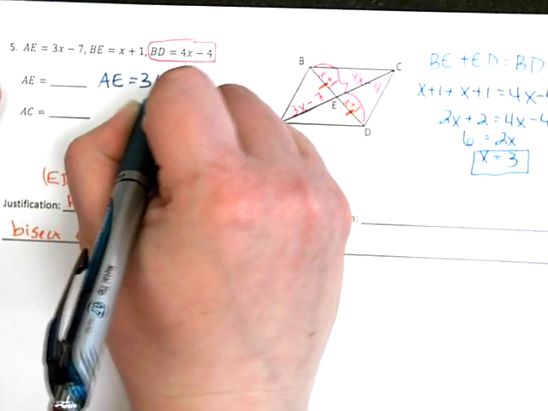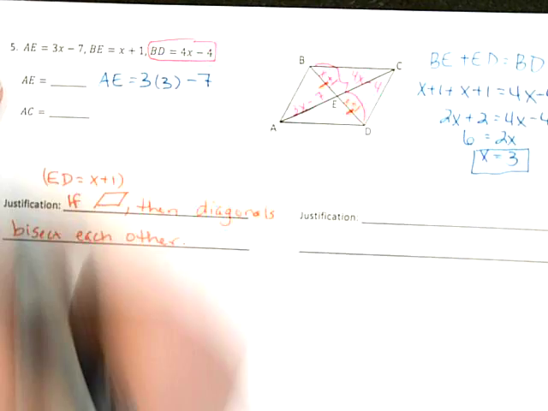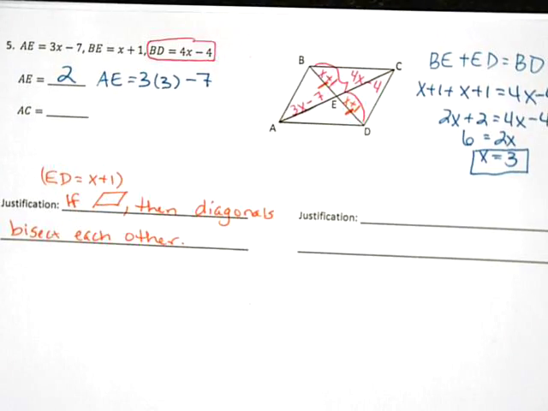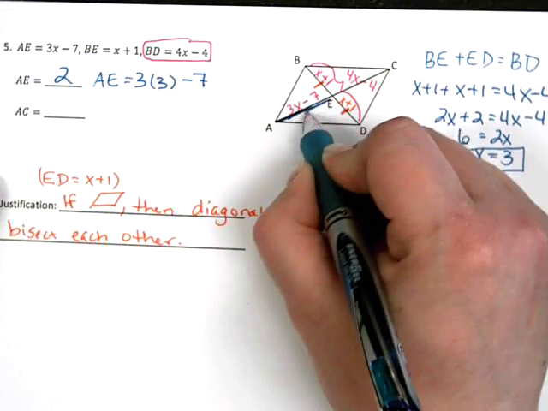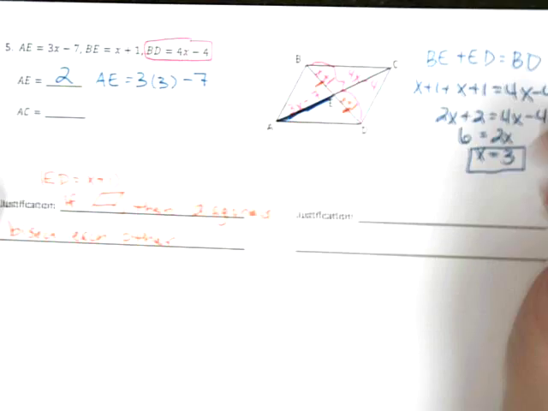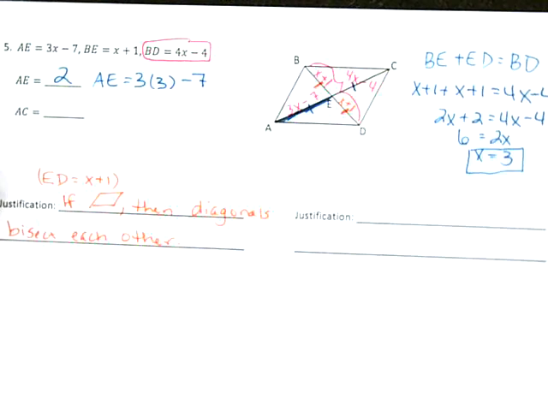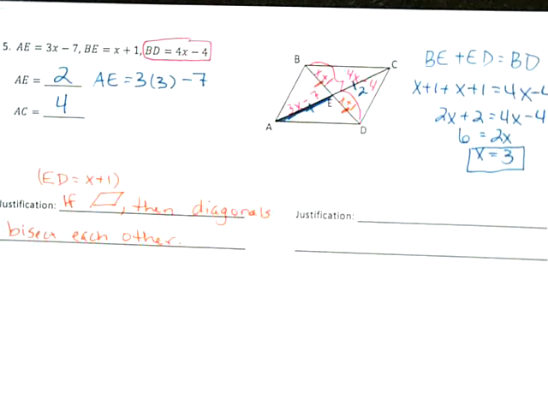So that's going to be 3 times 3 minus 7, which means that AE is going to be 2. Okay. And then AE is only a portion of this diagonal, but I do know that the other one is congruent to it, which means the other piece is also going to be 2. And so AC is a total length of 4.